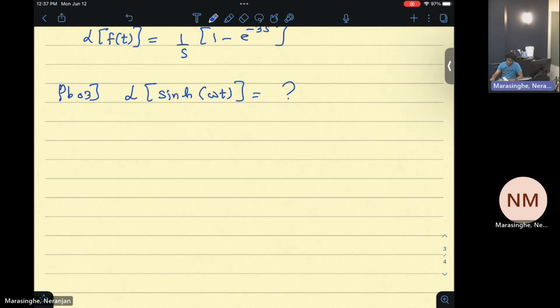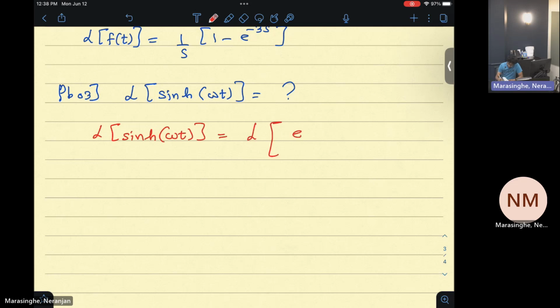How do you find the Laplace transform of hyperbolic sine? Apply the definition. Laplace of hyperbolic sine of omega t equals Laplace of, what is hyperbolic sine, that is e to the omega t minus e to the minus omega t divided by 2.